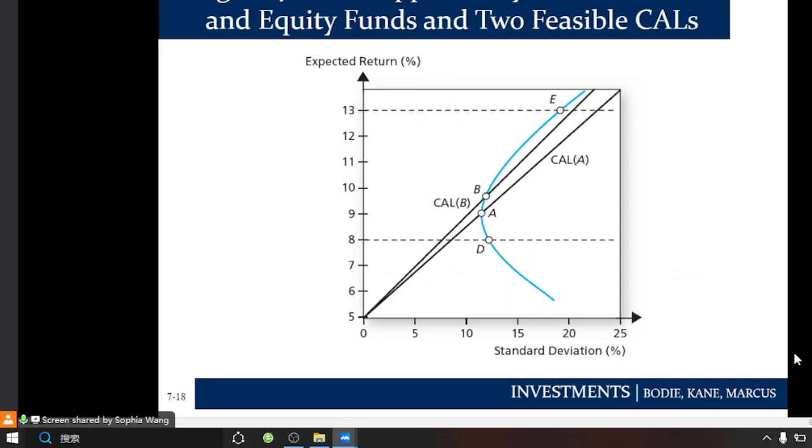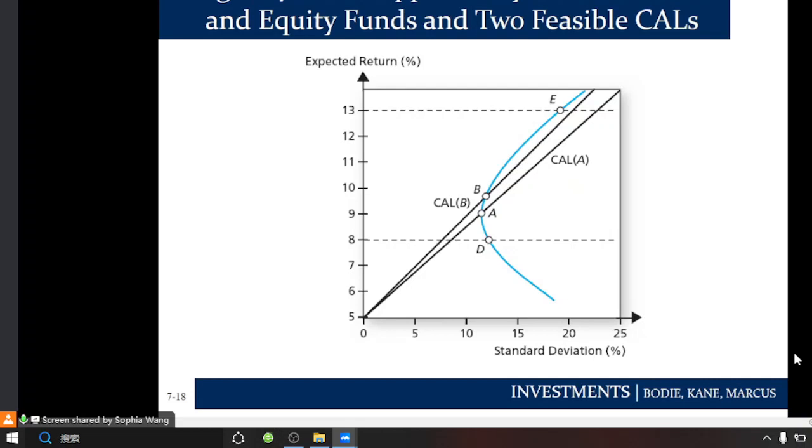So we can find which point is the best one. For this curve, actually, only this part is effective. This part from here to here almost makes no sense. Why? Because if we draw a line, this is standard deviation. Standard deviation is risk.